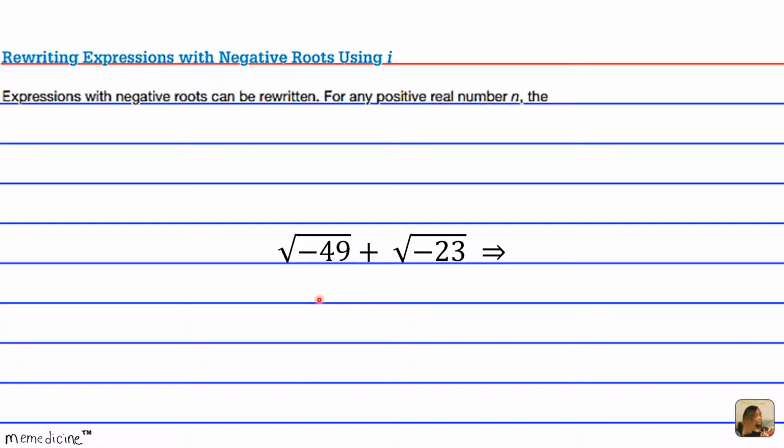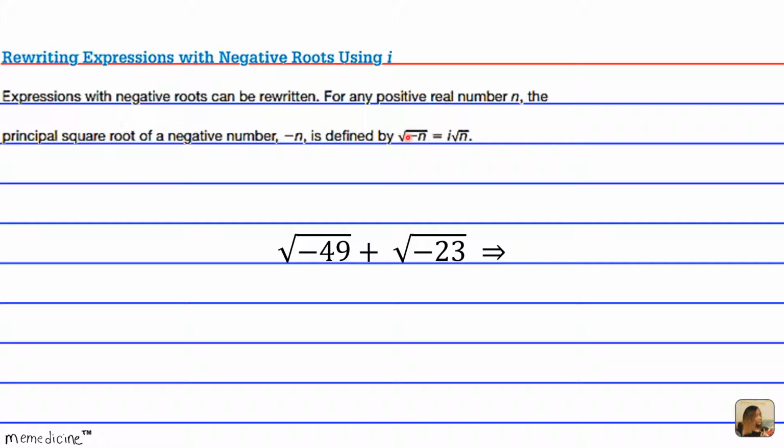What you have to know is that expressions with negative roots can be rewritten for any positive real number n. So our n terms here are 49 and 23. The principal square root of a negative number, so our negative numbers are -49 and -23, is defined by the square root of -n.